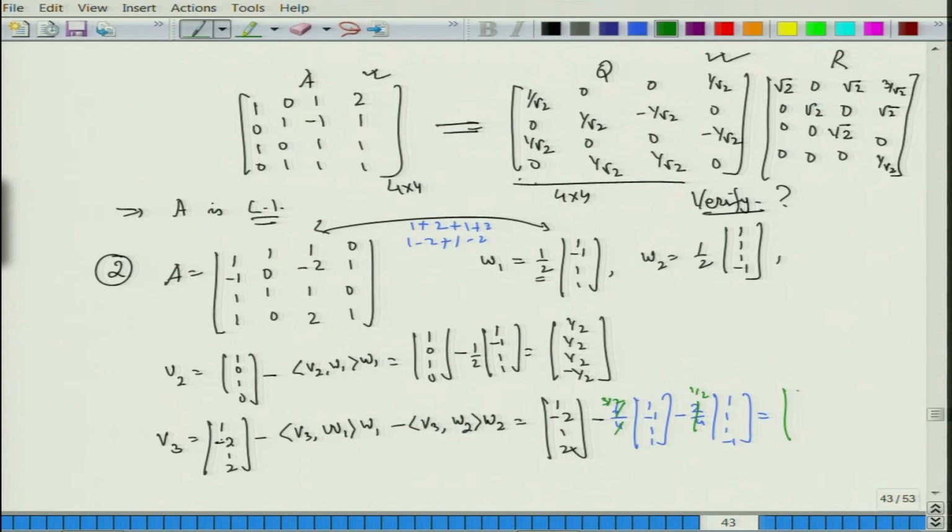So I have got 1 minus 2 1 2 minus of 3 upon 2 minus minus plus 3 upon 2.